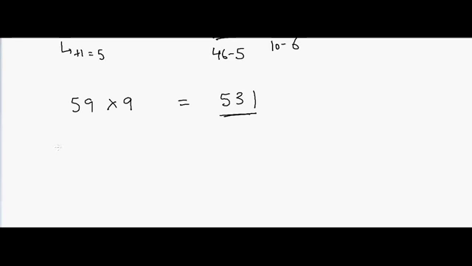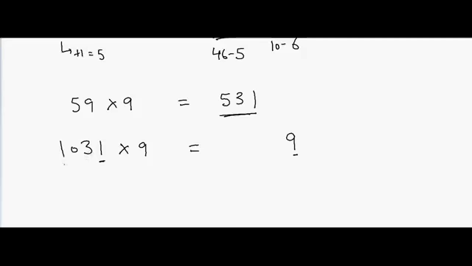Now this formula will also apply for very large numbers. Suppose I have 1031 and I want to multiply by 9. So let's see. First I'll take the 1. Then 10 minus 1 is 9. So the last digit would be 9.